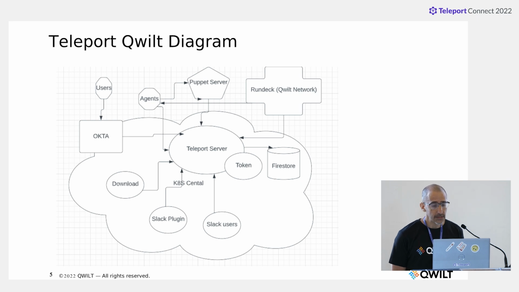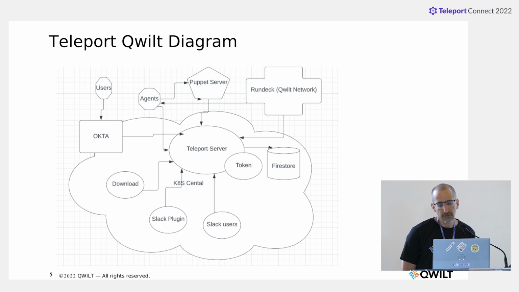It generates the root token automatically. The root token is only created in the Teleport server itself. Every time the pod is restarting, it generates a new token.